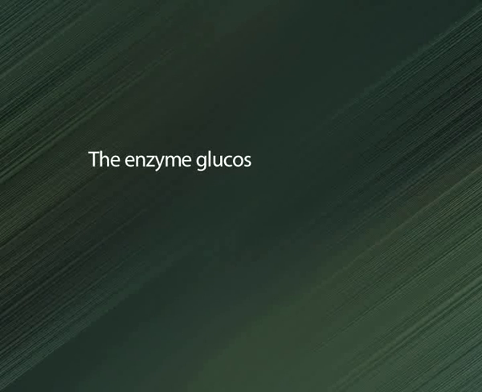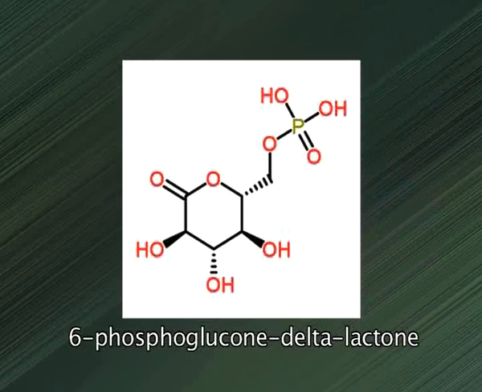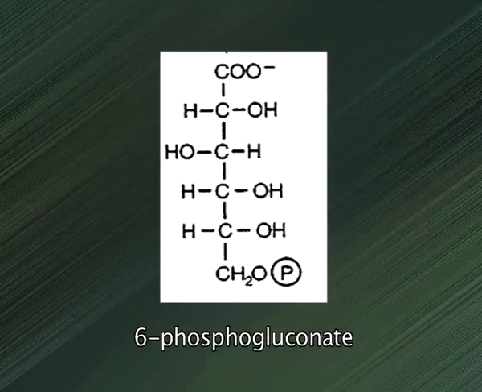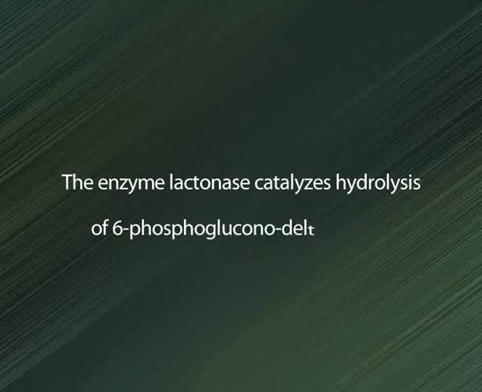The enzyme glucose 6-phosphate dehydrogenase catalyzes the committed step in the pentose phosphate pathway, because 6-phosphoglucono-delta-lactone has no other fate except to be converted to 6-phosphogluconate. The enzyme lactonase catalyzes the hydrolysis of 6-phosphoglucono-delta-lactone.